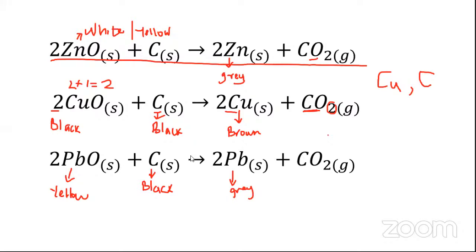Someone is asking if we can write the ionic equations of this. We can only have ionic equations if we have aqueous solutions. As long as we have an aqueous solution, that's when we have an ionic equation.